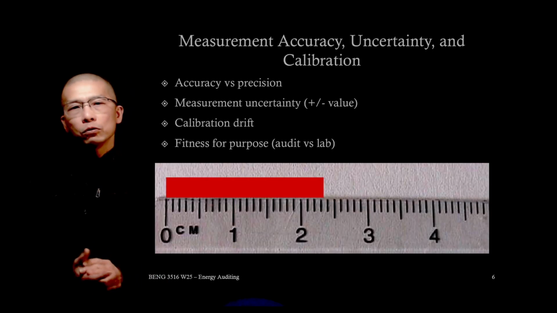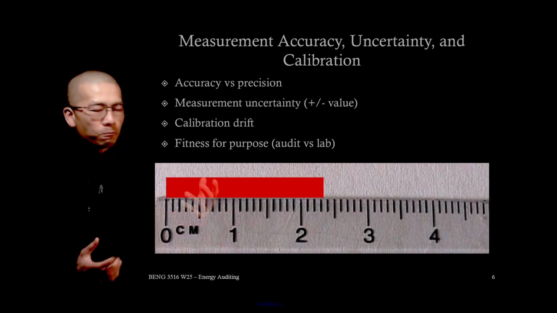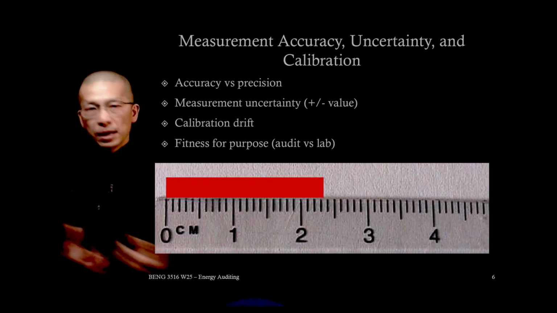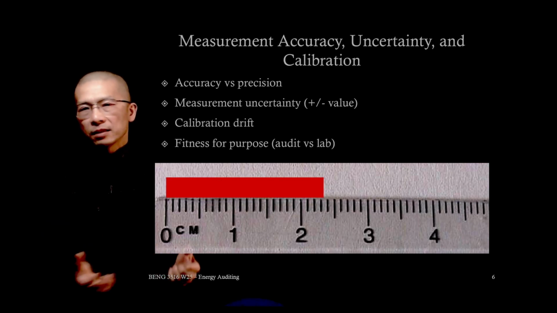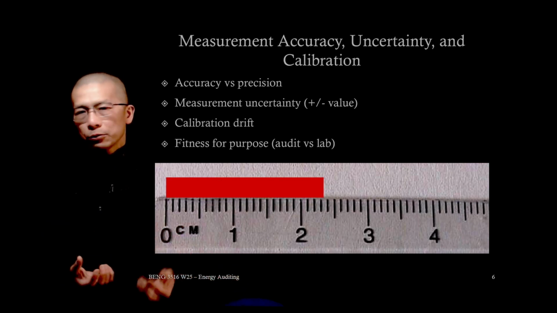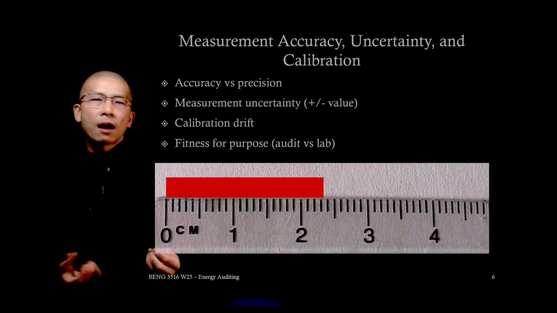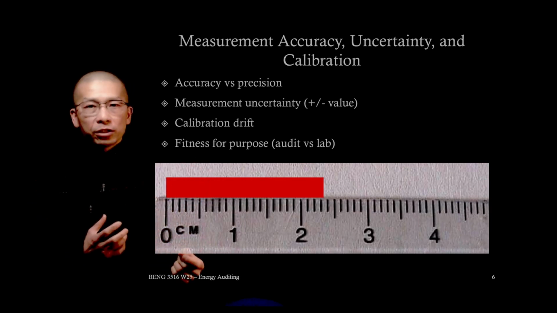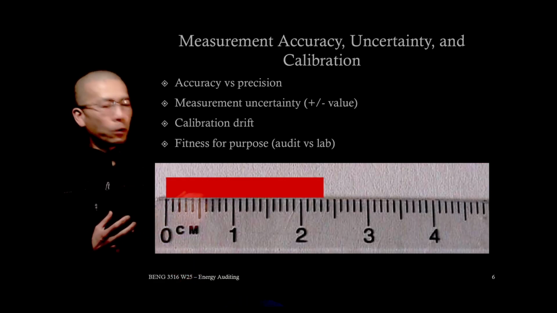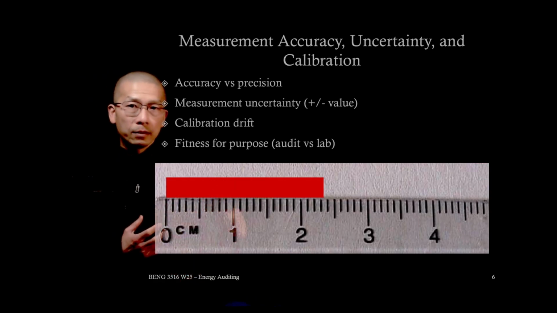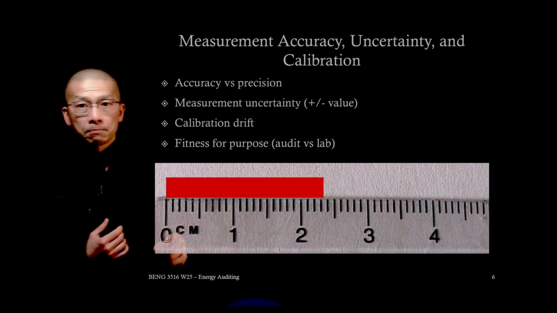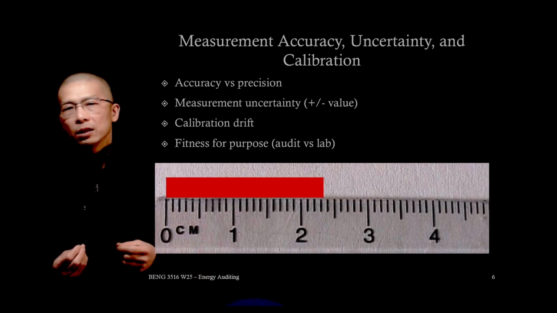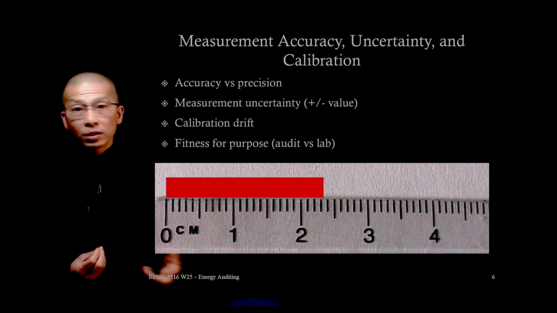Before we talk about tools, we need to talk about: can we trust the measurement? Every measurement has uncertainty. Accuracy tells us how close we are to the true value. Precision, on the other hand, tells us how repeatable the measurement is. Calibration ensures the device output corresponds to known standards.